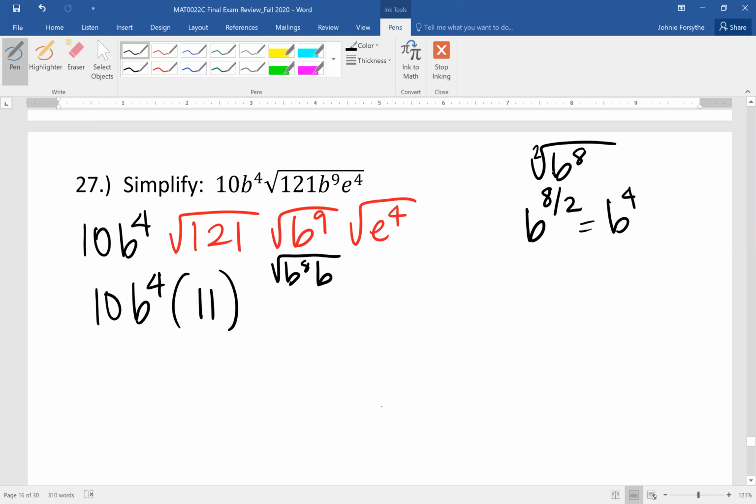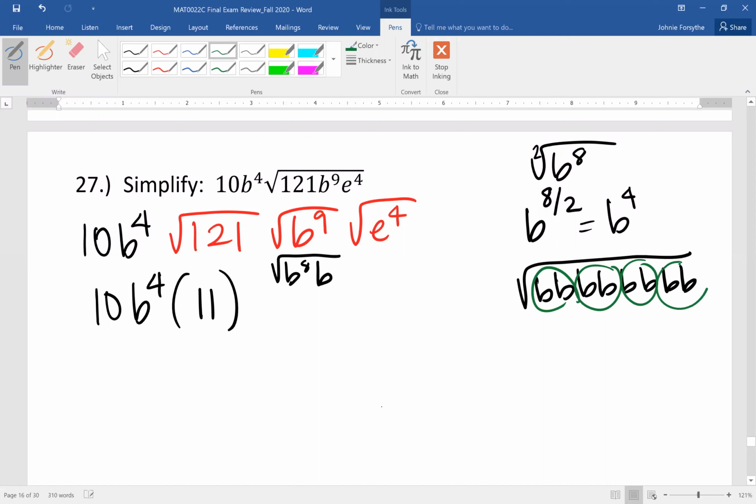Another way that you can do that is if I were to expand that and write 8 b's, this is a square root, so I'm looking for pairs. So how many pairs of b's do I have? 1, 2, 3, 4. B to the 4th with nothing remaining, okay? But what do I actually have? I have b to the 9th.